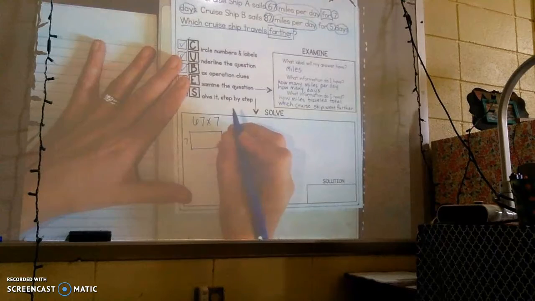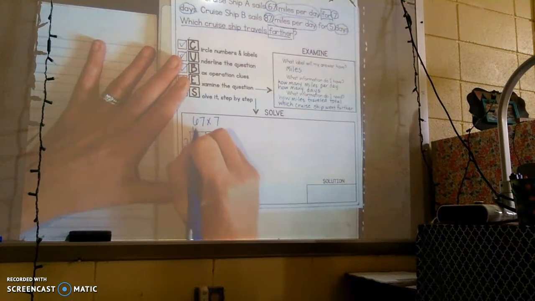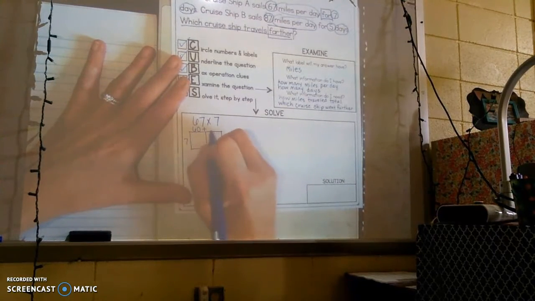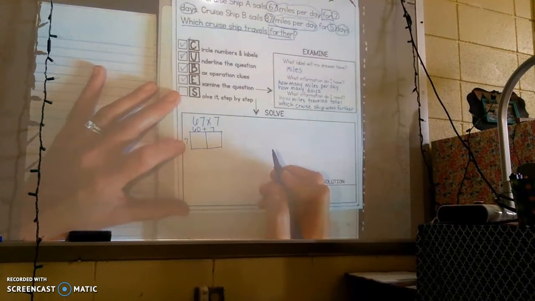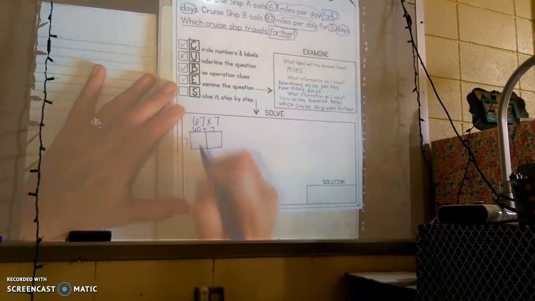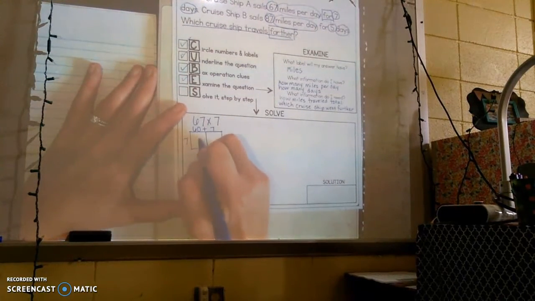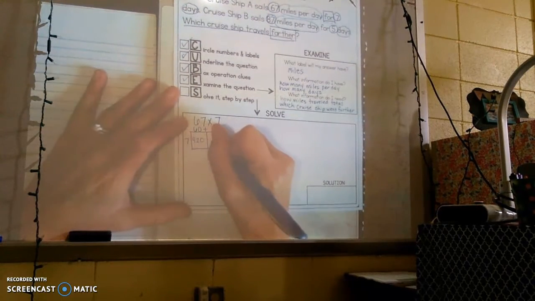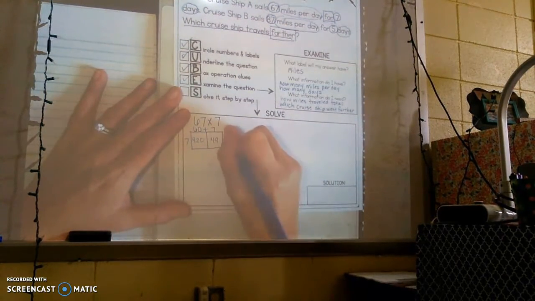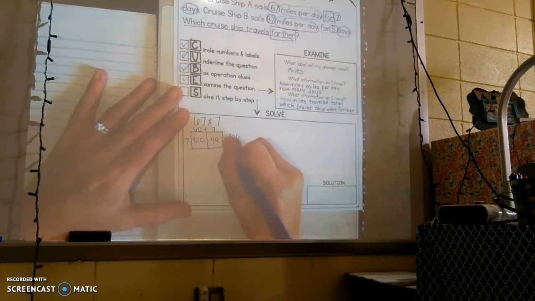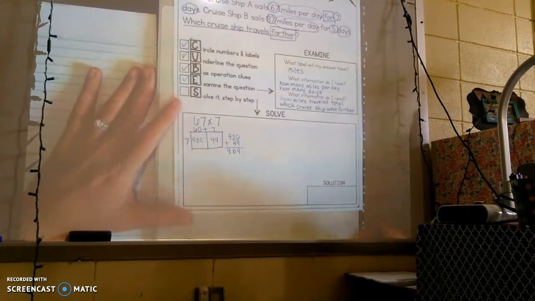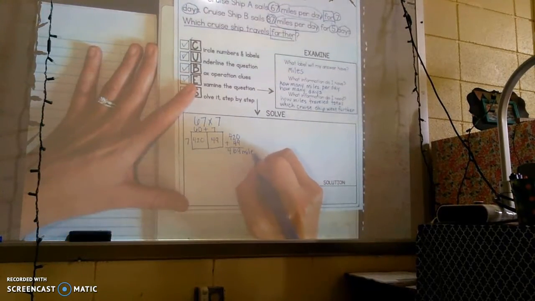Remember, I'm going to break my bigger number into my place value, 60 plus 7. My 7 is going to go out here to the side, so I'm going to multiply 60 times 7 first, which is 420, and then 7 times 7 is 49, and then I'm going to add 420 plus 49. You get 469 miles.